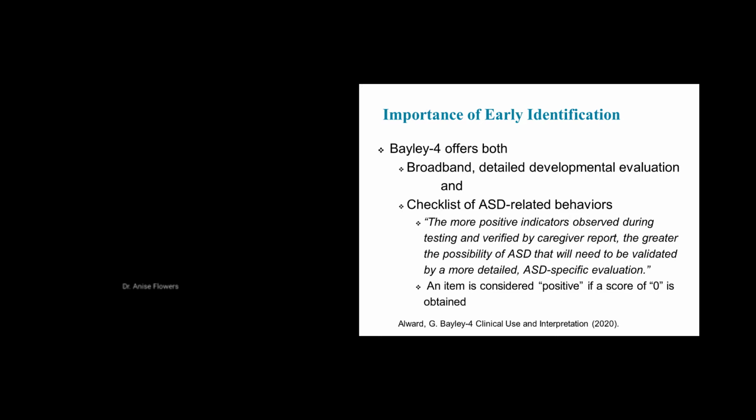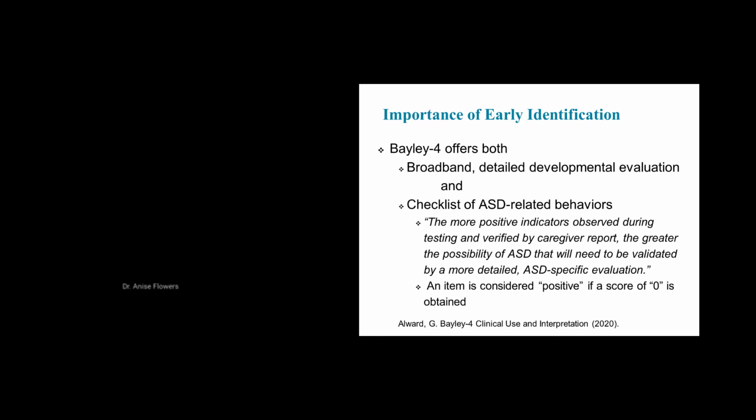The more positive indicators observed during testing and verified by caregiver report, the greater possibility of ASD. Naturally, that would need to be validated by a more detailed autism-specific evaluation. In no way is our checklist able to diagnose or not. It's simply an indicator.